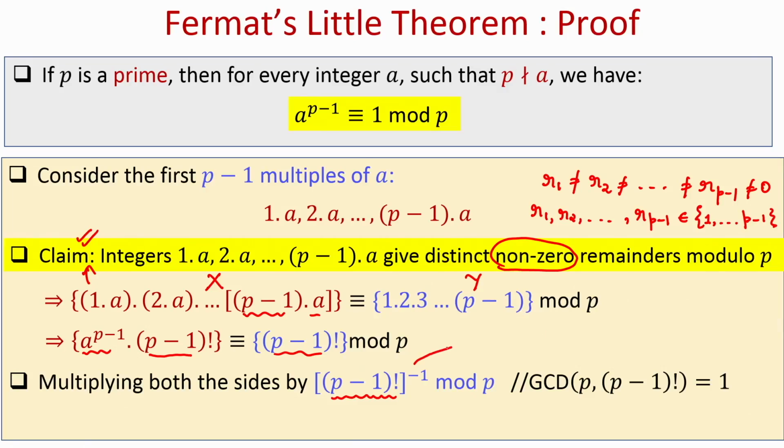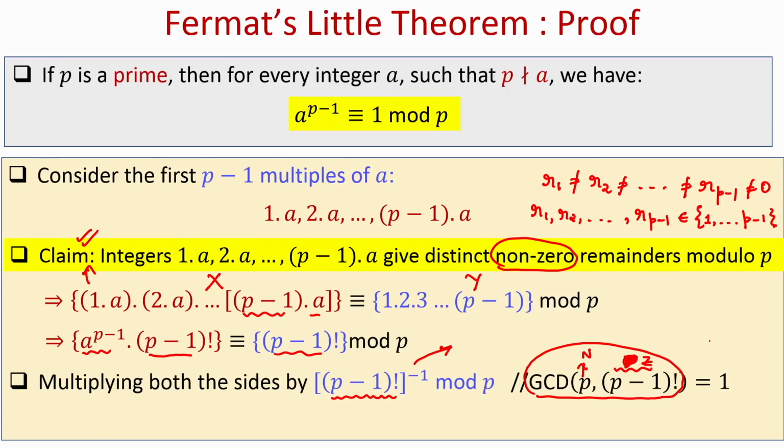So, p minus 1 factorial's multiplicative inverse will exist only if this condition is true, because your modulus is p and this is the value whose inverse you want to find out. Let us not call it x, because I have already used x for something else. So, call this value z. My claim is that the value z, which is p minus 1 factorial, is indeed co-prime to p, and it is very simple to prove that. I am not going to prove that for you, I leave that as an exercise for you.